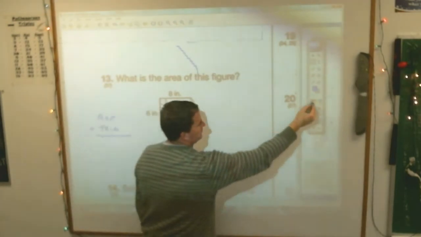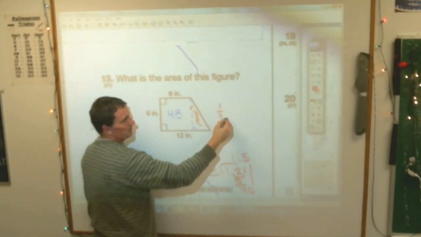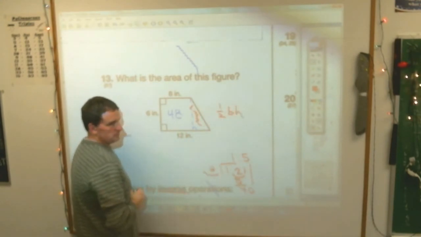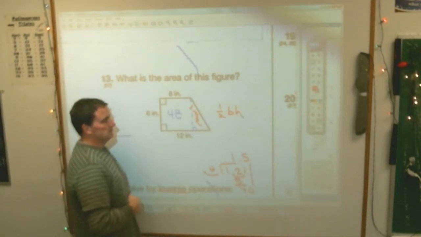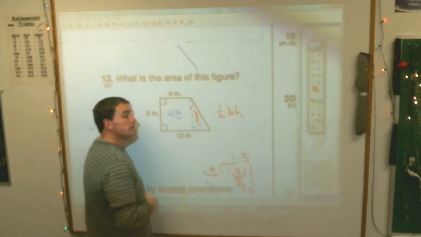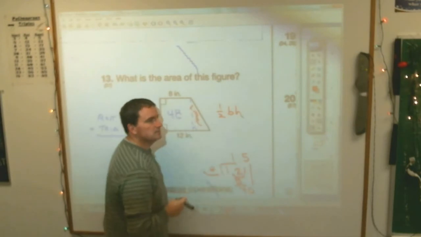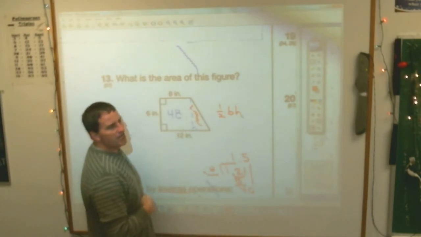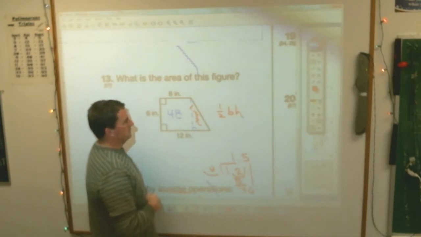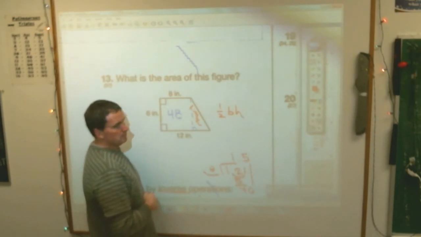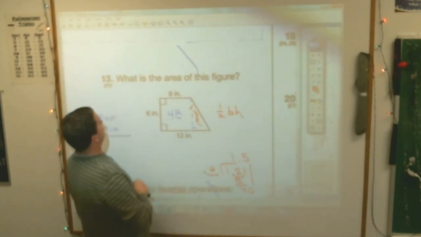And then we got the area of the triangle, which formula for area of a triangle is 1/2 base times height, correct? How do I know what the base and the height are, Gibran? No. I don't believe so. You can find all the measurements of this without the Pythagorean theorem. We're not looking for the perimeter, are we?